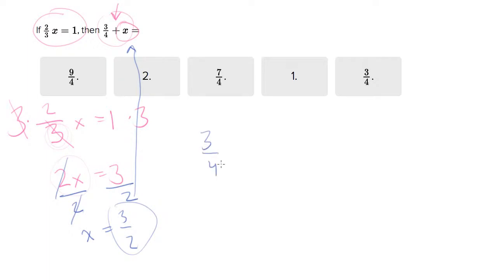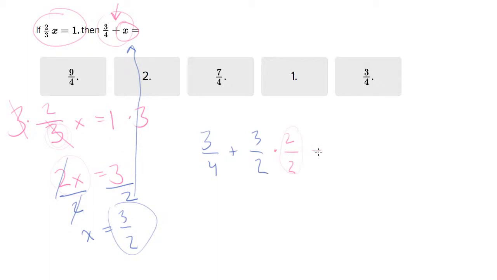So we have 3/4 plus x, which is 3/2. We need to find a common denominator here so that we can add these. Let's focus on the right fraction, because if we multiply that by 2/2, in terms of fractions, if you want to manipulate those, you can always multiply by 1. So we're multiplying by 2/2, which is equivalent to 1.